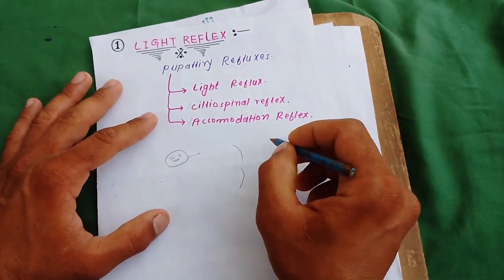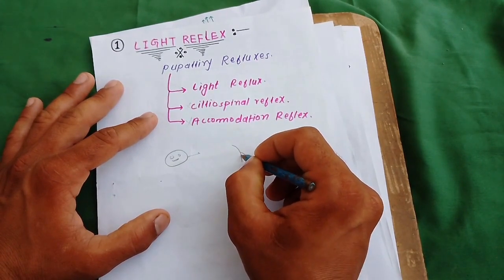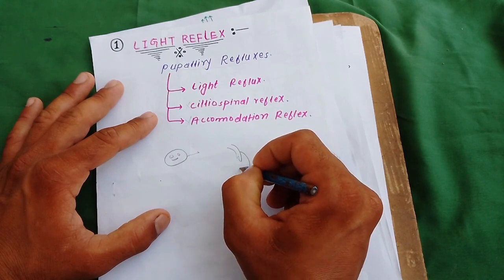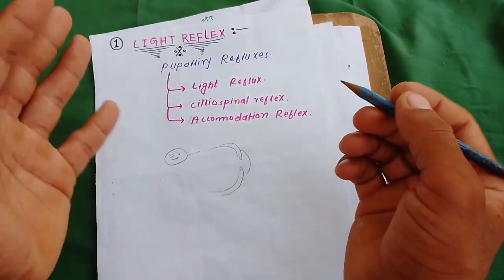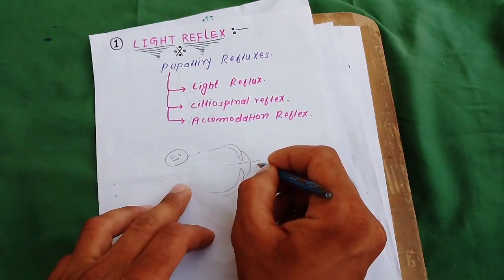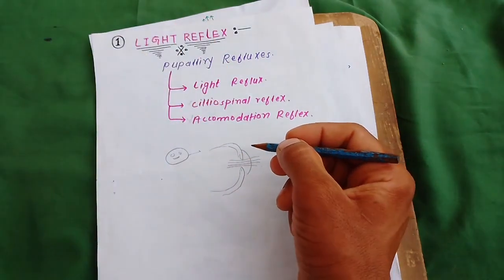Here the size of the pupil of this man is about normal, and the low light enters the eye of the man in a normal condition.